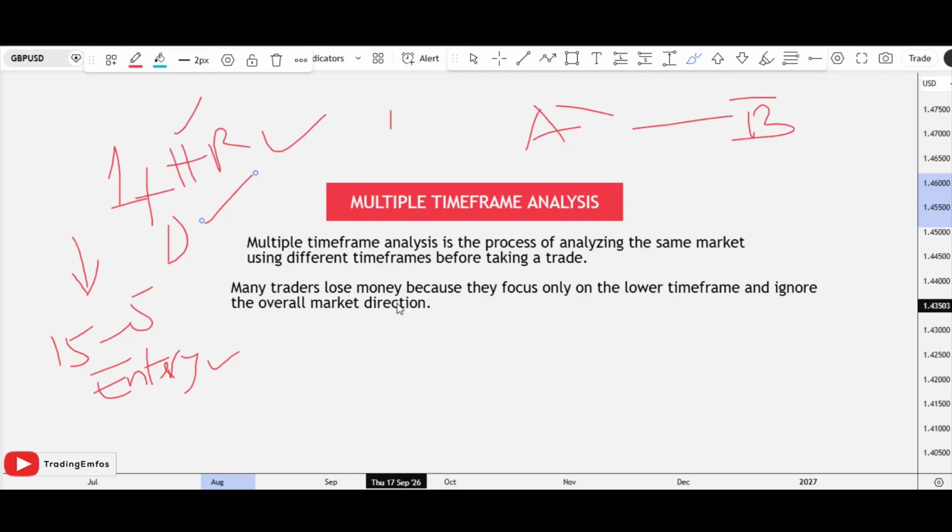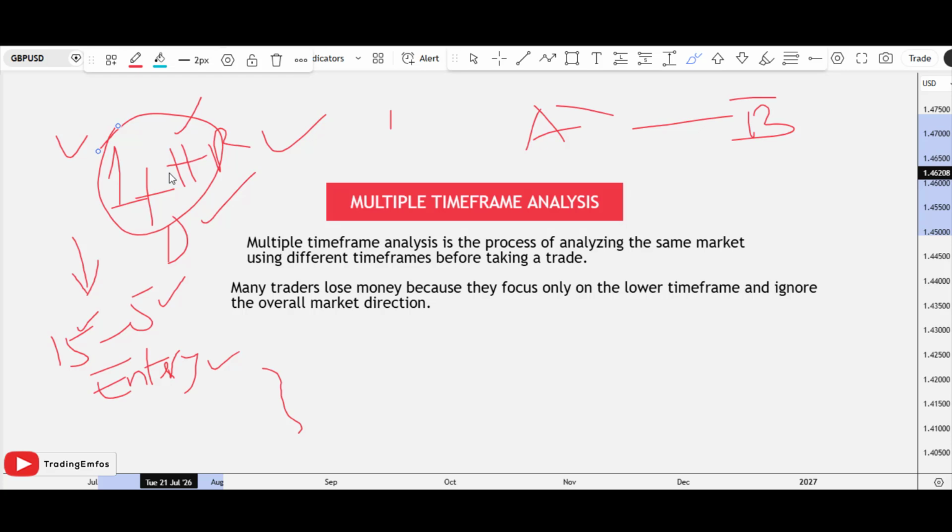Many traders lose because they focus only on the lower time frames and ignore the overall market direction. It's the truth. If you only focus on the 5 minutes or the 15 minutes, you will lose, because the 5 minutes may be bullish while the daily or the 4-hour is bearish.